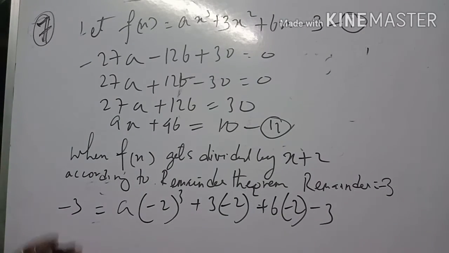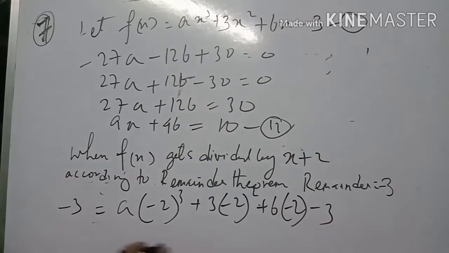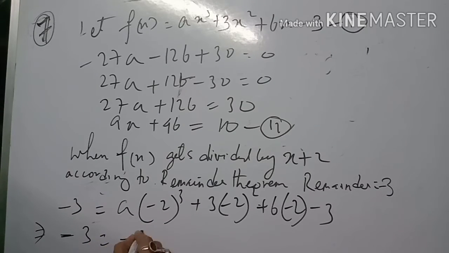I'm doing it all together, otherwise I would have done it separately. If you want me to do it that way, then it's fine. But we can also do this in this manner. It will become minus 8a, plus 12, minus 2b, minus 3.